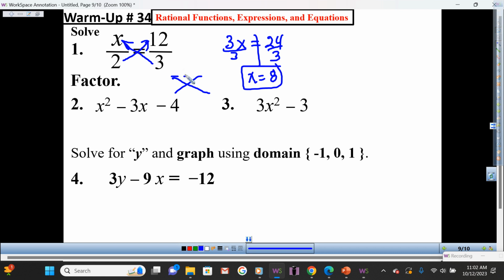Negative 4 on top, negative 3 down here. So what are the factors for number 2? Tell your neighbor, please, what you get for factors of number 2, and then we'll have Brandon help us with this one.